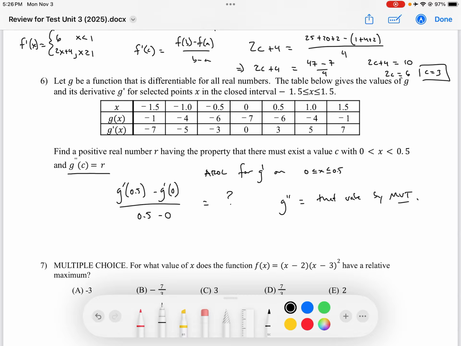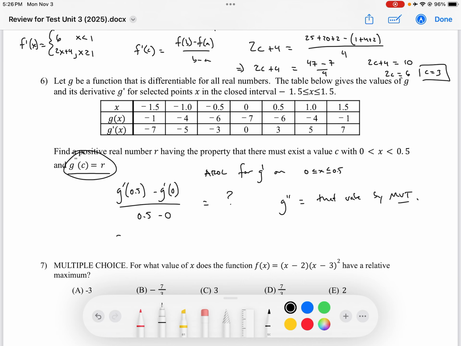And so if g prime is differentiable and we find the average rate of change, we know that g double prime has to equal that at some place. That's going to solve this, because we're finding the average rate of change of g prime, and g double prime is going to have to equal that.